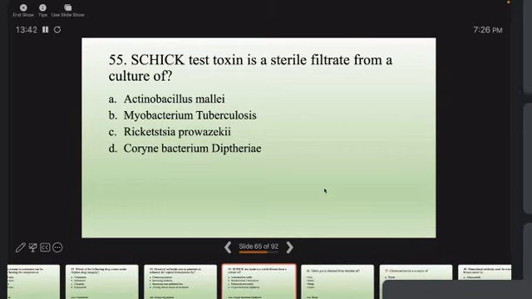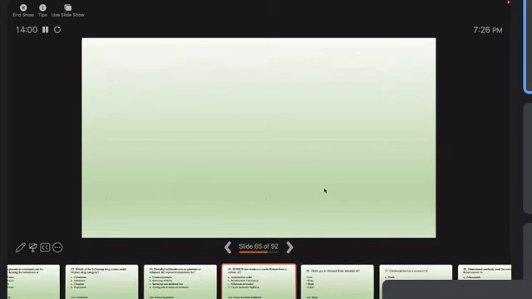Mantoux test. Okay, fine. For rickettsial disease, we do not have a particular name for the test, and even for Actinobacillus we do not. So the answer here is Corynebacterium diphtheriae. Okay, let's move on to the next question.